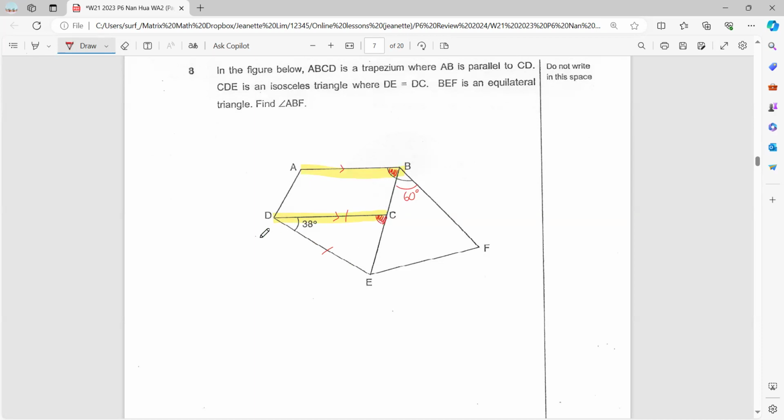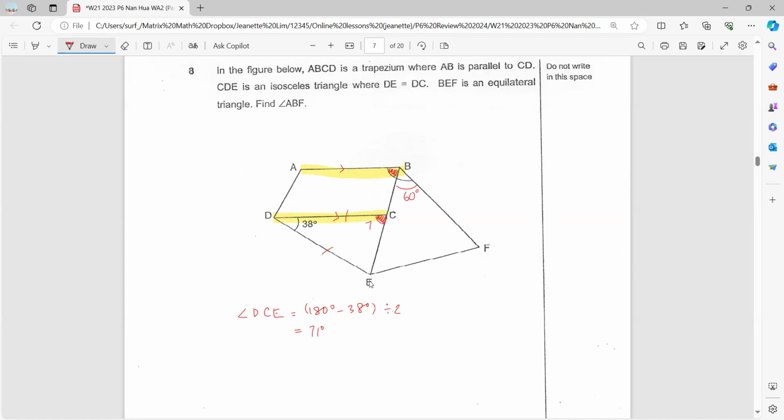Okay, let's find this. DCE. (180 minus 38) then divide by 2. This will give us 71 degrees.